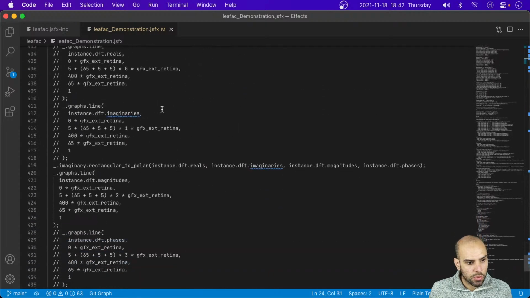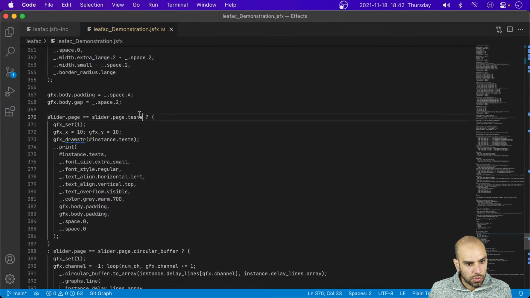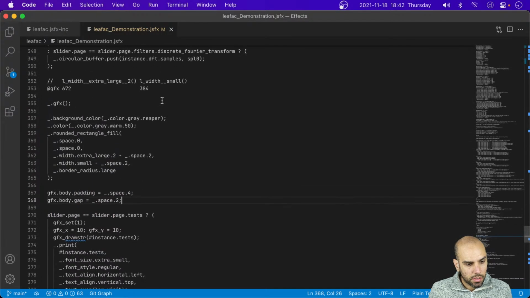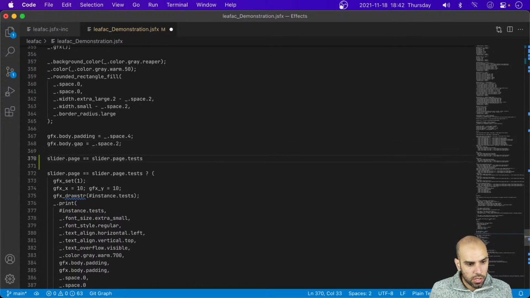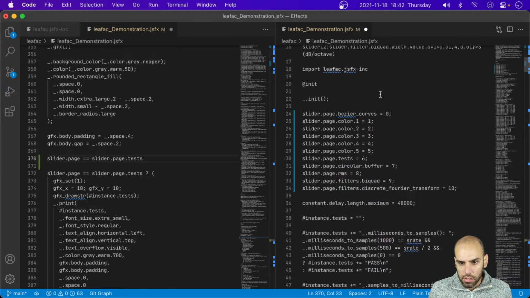So let's move on to the GFX block and test for the situation where the page is this.